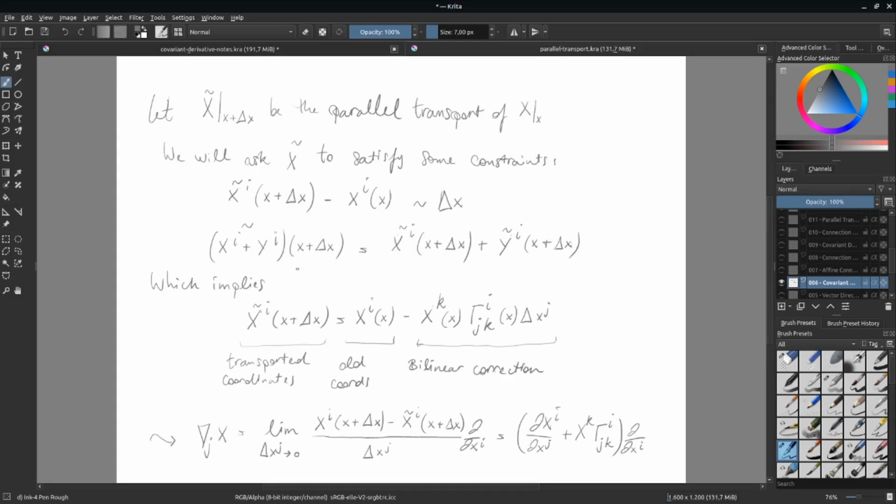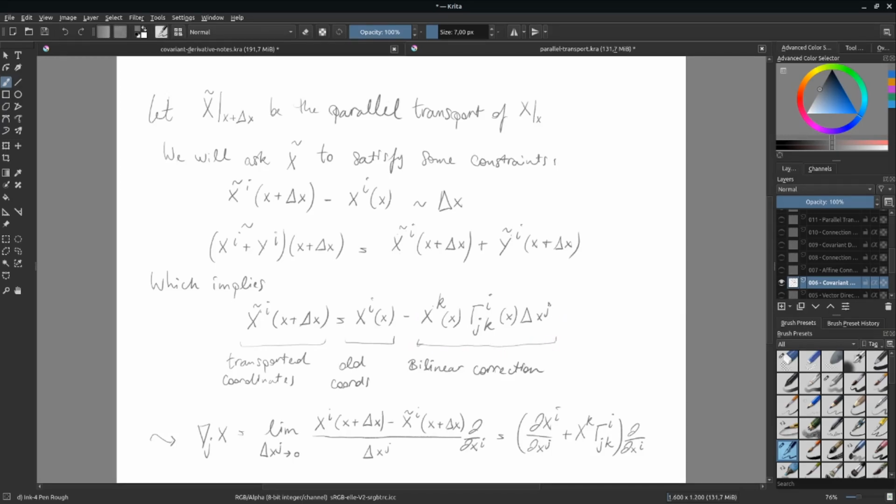And the second condition is that it should be linear in this vector field that we're translating over. So if we have the parallel transport of X^i plus Y^i, this should simply be the sum of the parallel transport of both of these. If we impose these conditions, it's not too hard to find that the parallel transport may be of the form: X tilde^i is the old coordinate, so X^i at x, plus some correction.